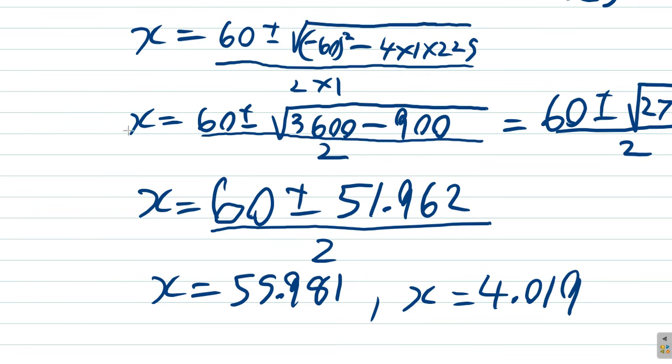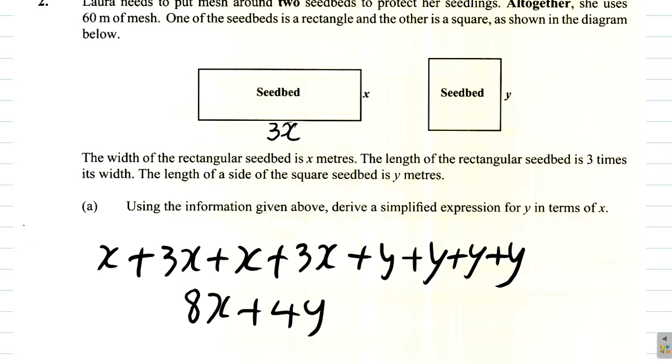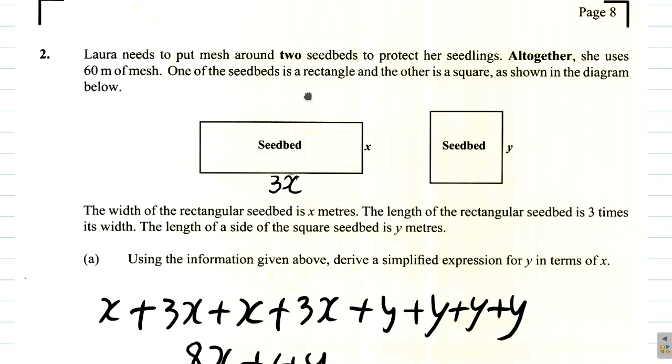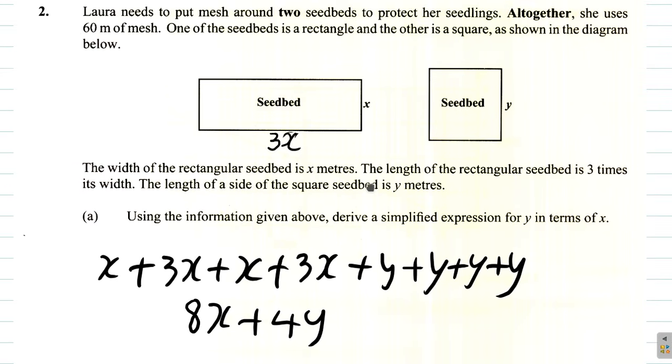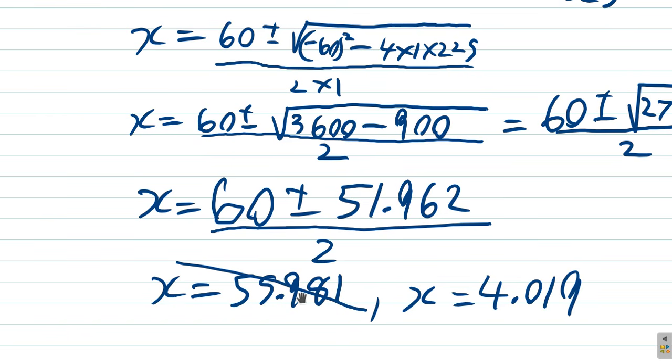This 55 point something cannot work, because if x is 55 point odd, call it 56, 3 times that is already far past the 60. The total length of the mesh is 60, so it can't be more than 60. So let's cross that off. Let's use x equals 4.019.